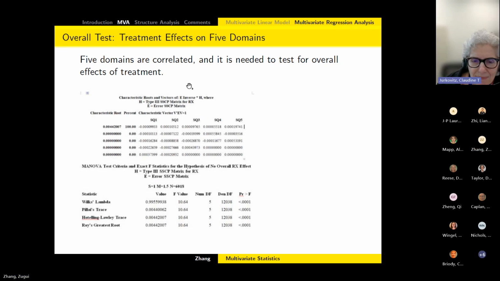If you look at the second part, MANOVA test criterion and exact F statistics for the hypothesis of no overall RX effect. So this is the overall significant.